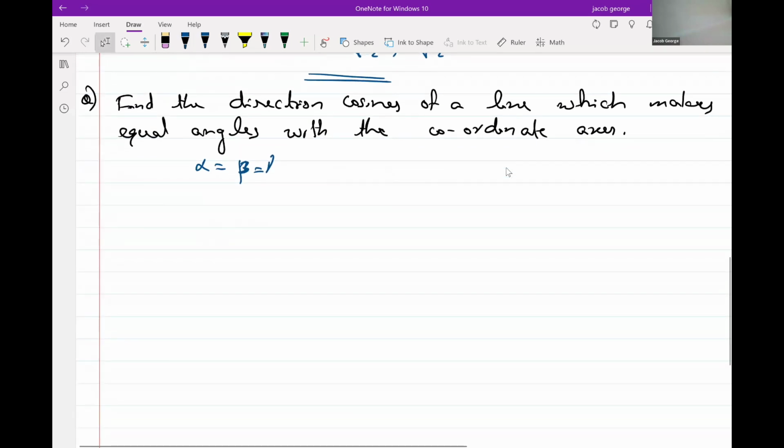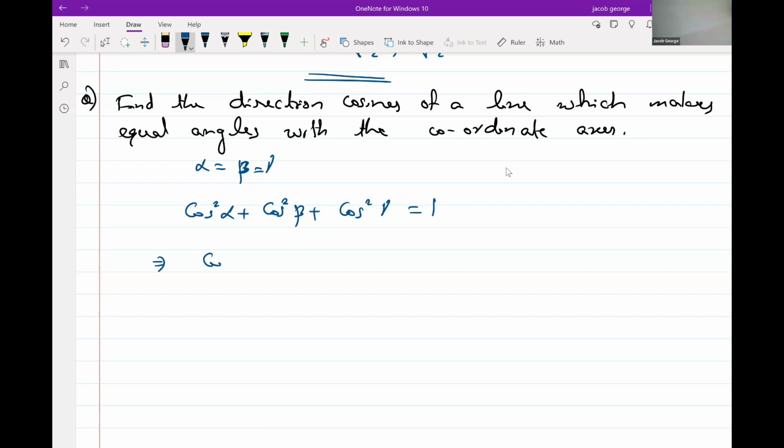So now we apply the condition cos square alpha plus cos square beta plus cos square gamma is equal to 1, the relation connecting direction cosines. Which means cos square alpha plus cos square alpha plus cos square alpha is equal to 1, or 3 cos square alpha is equal to 1. So cos square alpha is equal to 1 by 3.